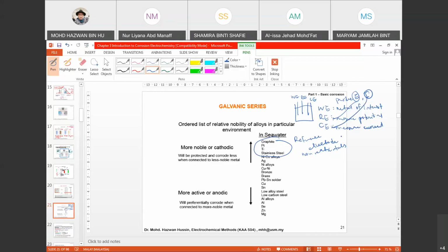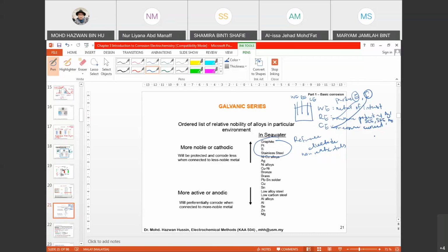Reference electrodes are, for example, the standard calomel electrode, saturated calomel electrode, standard hydrogen electrode, and maybe silver chloride.